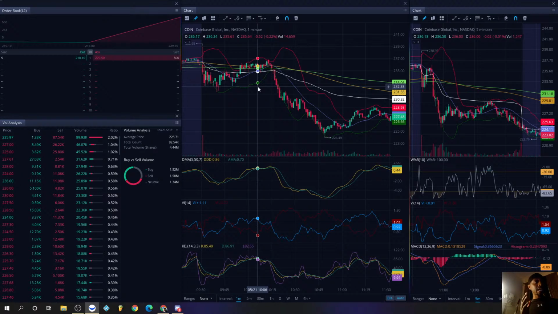But if you're looking at multiple signals across a variety of technical indicators, you can kind of get an idea. I even use Ichimoku, keep that over here. I use an Ichimoku cloud on two other chart layouts to give me an even better indication of what's happening here. But this is just basic.